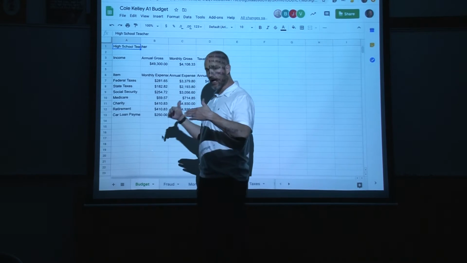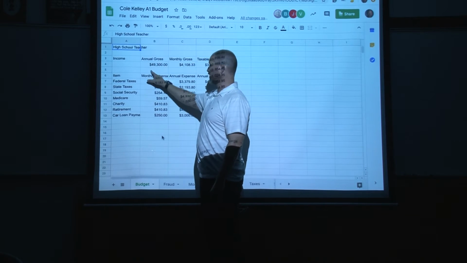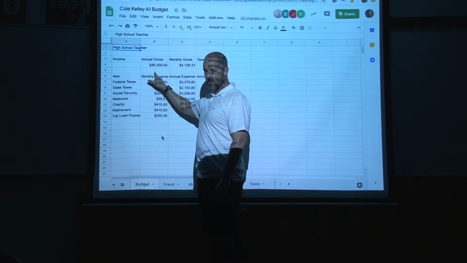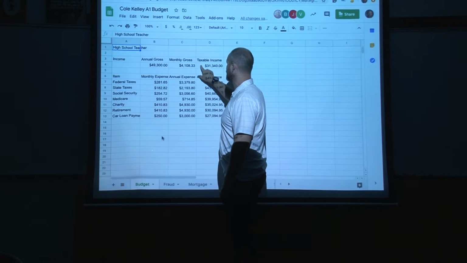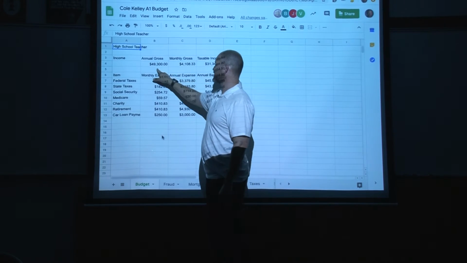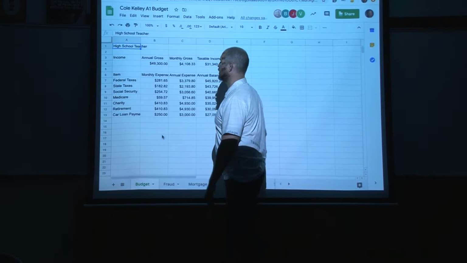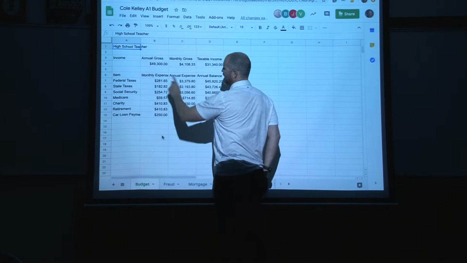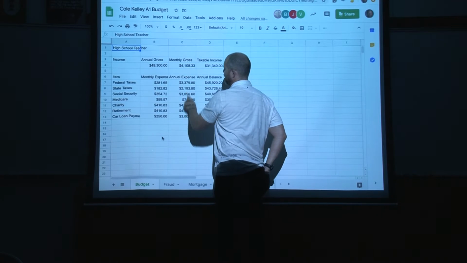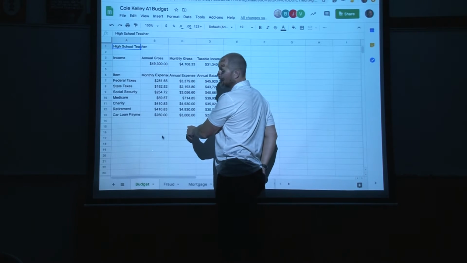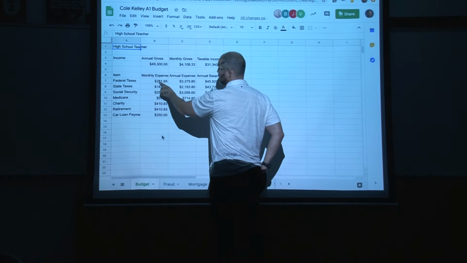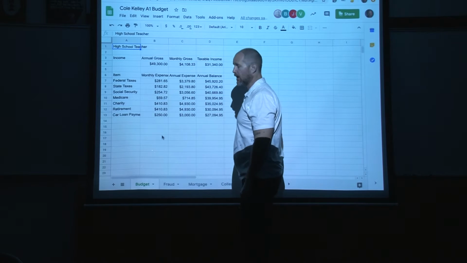But it's going to come from my gross income, okay? The reason why, this is the amount you're being taxed on, okay? This is the actual amount that you're getting paid, right? So when I figured out my federal taxes, I'm figuring it out annually first, and then I'm dividing that number by 12 to get my monthly, all right?